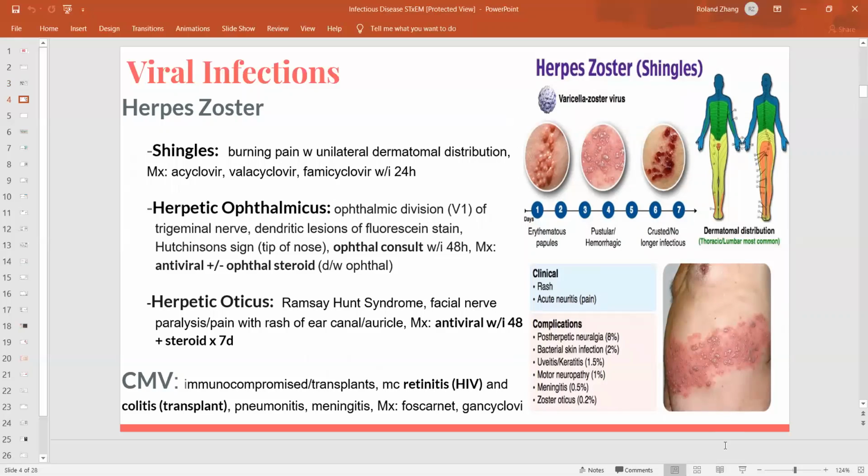You see herpes infection pretty commonly, and one of the more common ones is not so much chicken pox, but shingles. Usually you see this in adult or elderly patients, where they have the characteristic unilateral dermatomal distribution of a rash that's painful and burning.